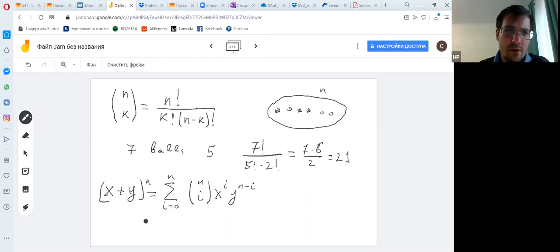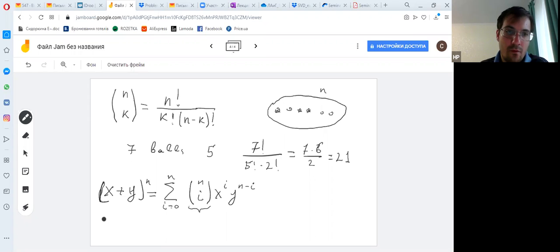The proof is rather simple. You just open these brackets, multiply, and think that you can choose either x or y from every bracket. And the number of cases when you take i x's is this number.